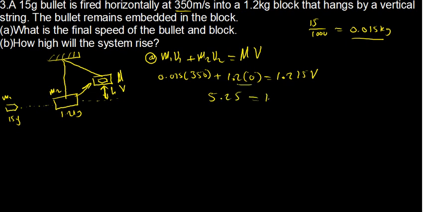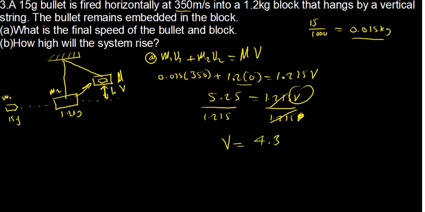That is equal to 1.215 v. So I want to remain with v, so we divide by 1.215 on both sides. This will cancel, and we are going to remain with v here. So V is going to be equal to 5.25 divided by 1.215. That is giving us 4.32 meters per second.